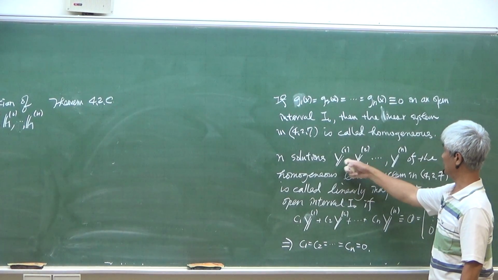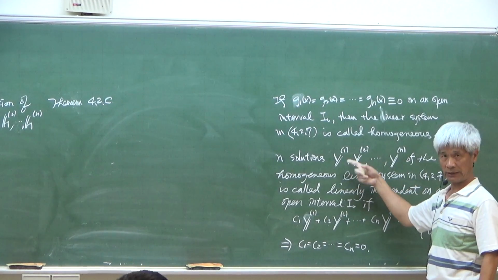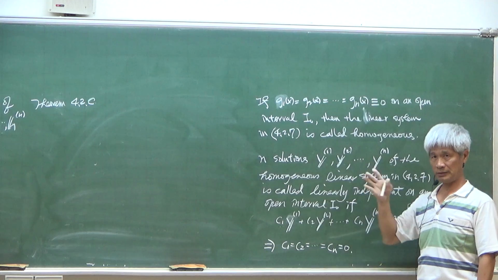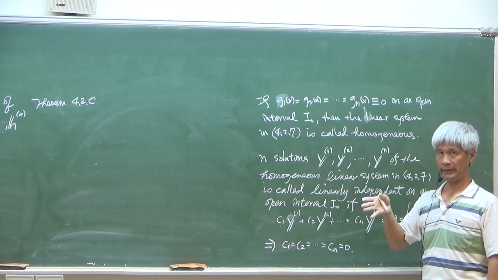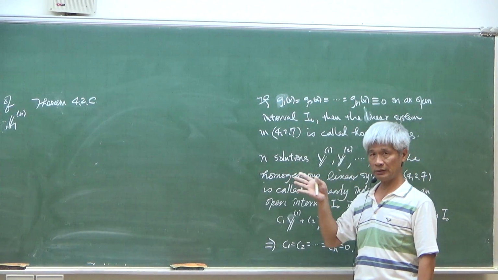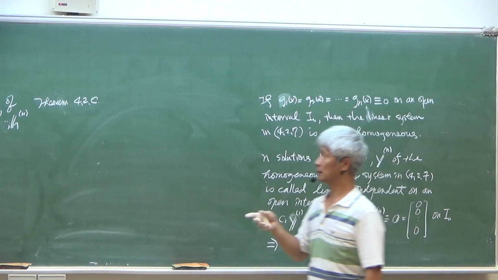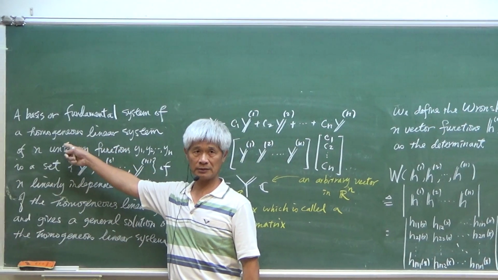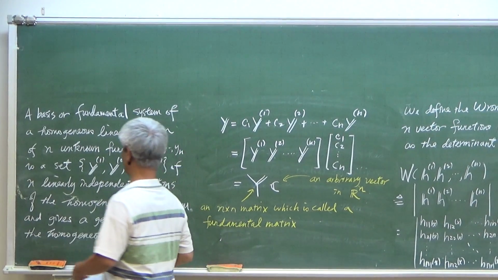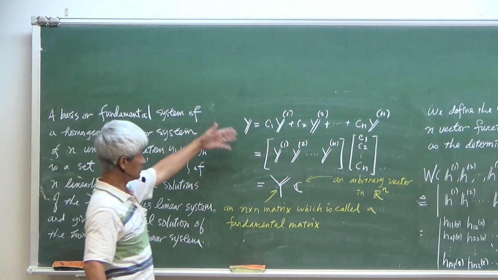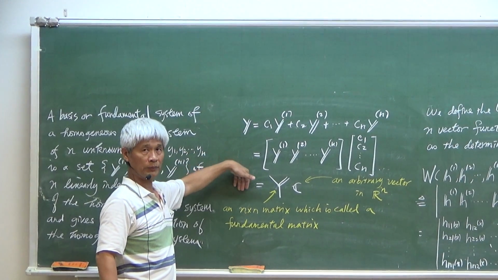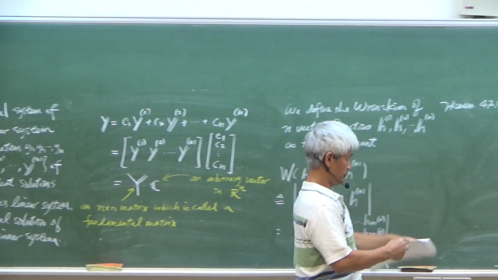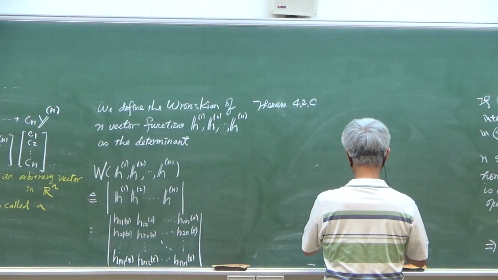If you are given n solutions for the homogeneous linear system, you have to check whether they are linearly independent, because if they are linearly independent, they form a basis. So we can use these n solutions to form a general solution of the homogeneous linear system. Here is the result.